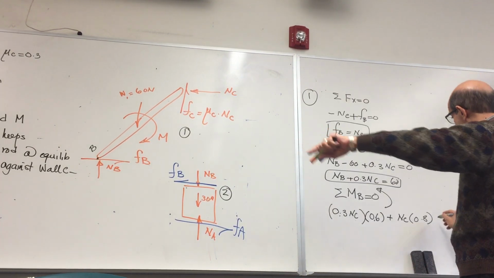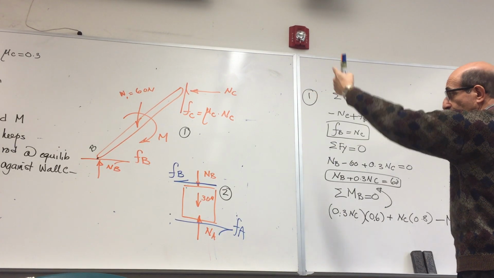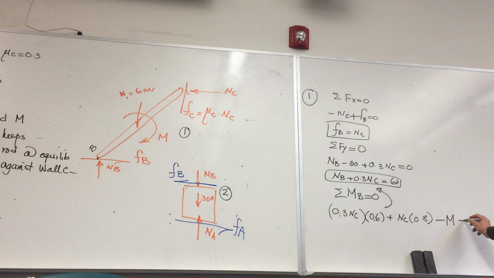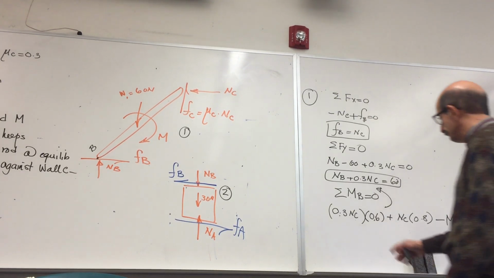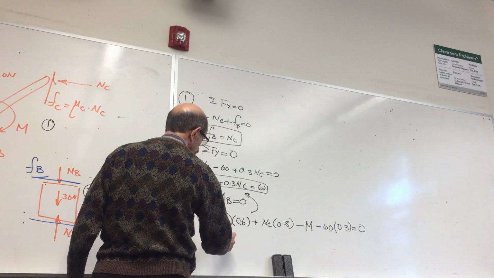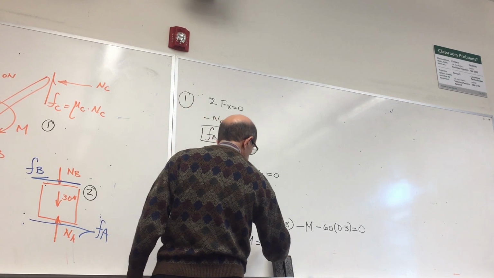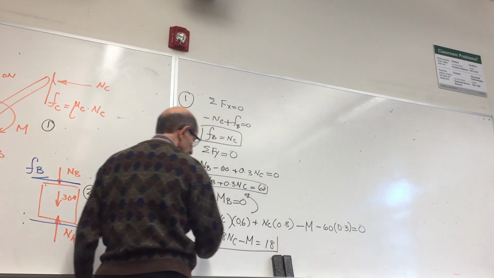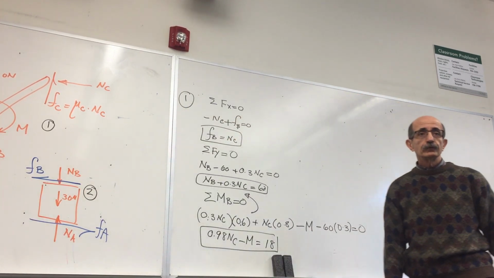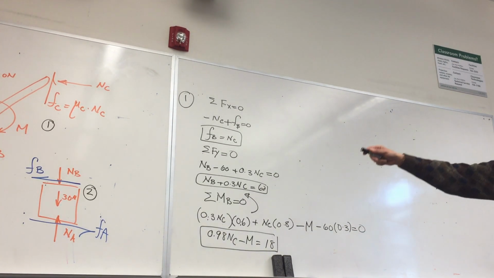I have that M, which is negative, clockwise, and then the 60 Newton force generates a moment of negative 60 times 0.3 is equal to 0. So we can simplify this a little bit. This is 0.18, 0.8, 0.98 NC minus M is equal to 18. So this is another equation. We exhausted all the equations that we have for that free body diagram.